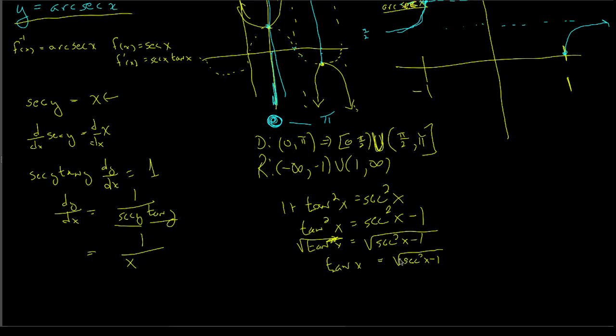And because what has been our job is trying to get this in terms of secants, because we know secant is x. And so this is the square root of x squared minus 1. And we have the ability now to get an answer out of this. Now, what's going to happen here, though, is something unique is going to happen.